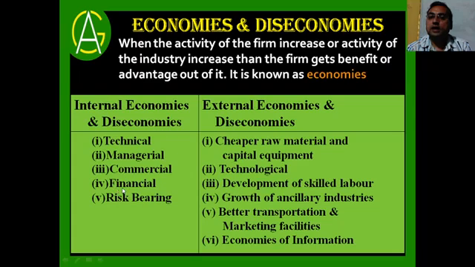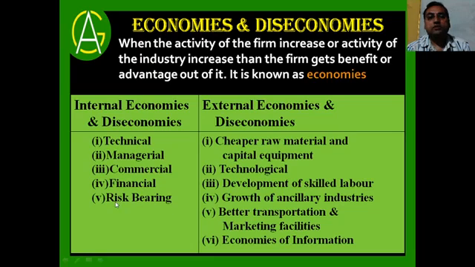But for large size firms, getting finance from the market is very easy, because they have a large amount of assets and a good reputation in the market, and as a result financial economies will be there for large size firms. And then comes risk bearing.